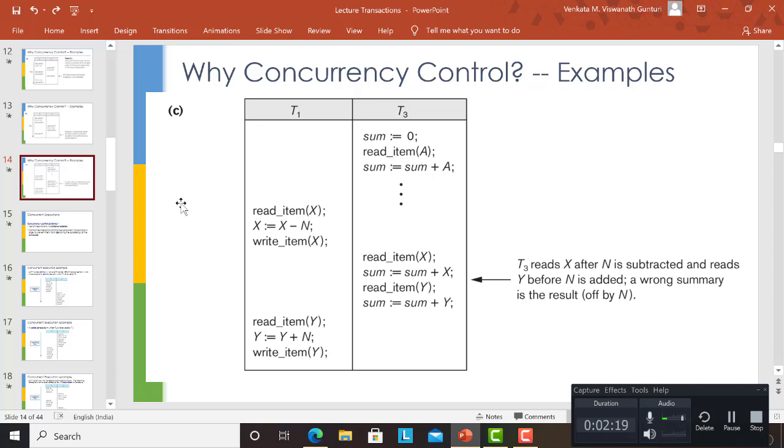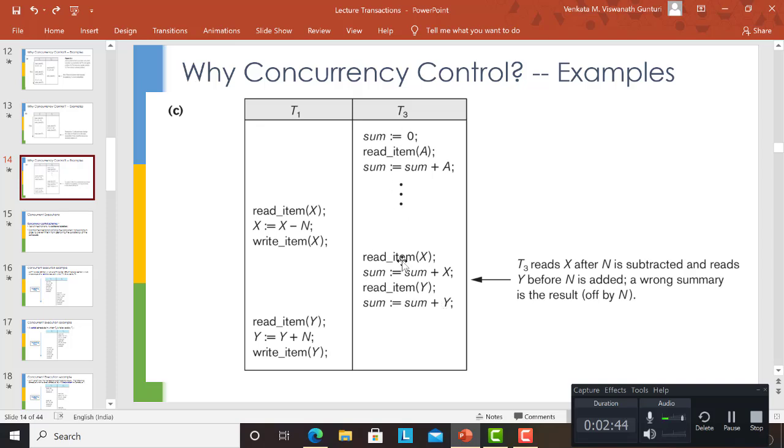I think this is called the incorrect summary problem. There are two transactions. T1 is the same, transferring 50 rupees from X to Y, and T3 is a transaction which is summing up all the account balances in your branch, let's say, right?